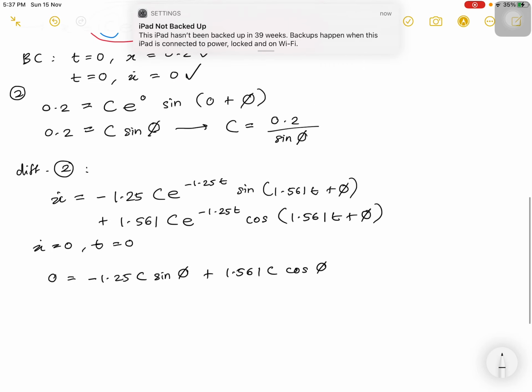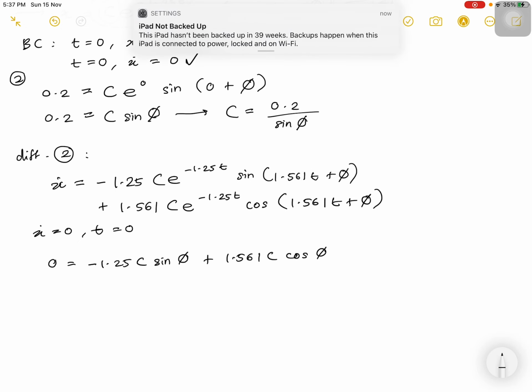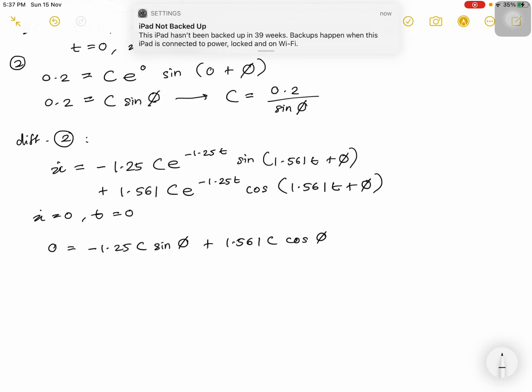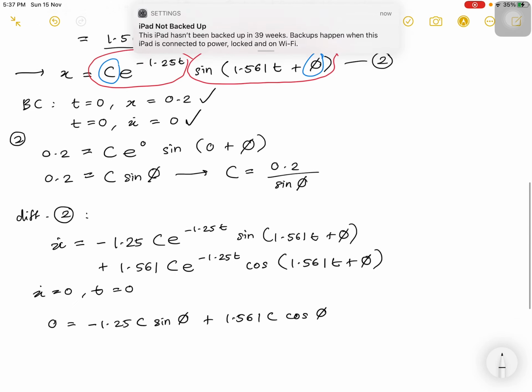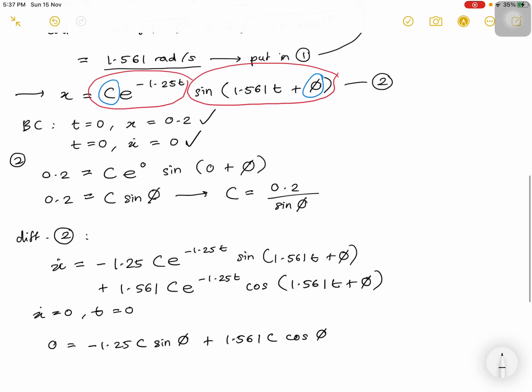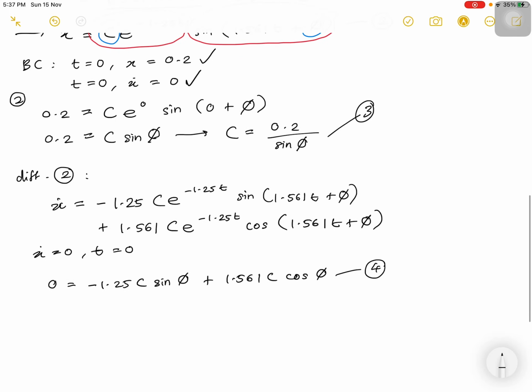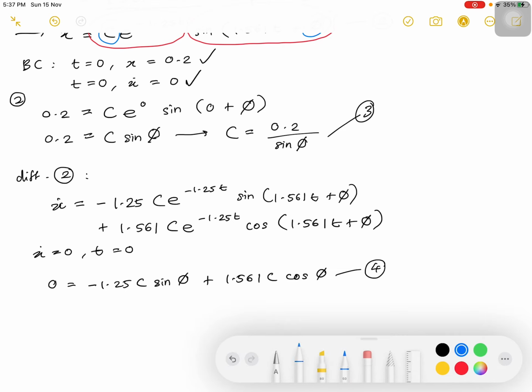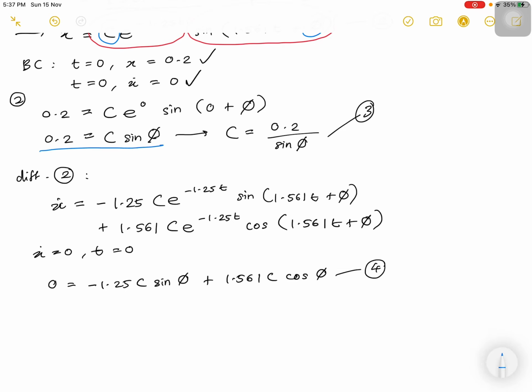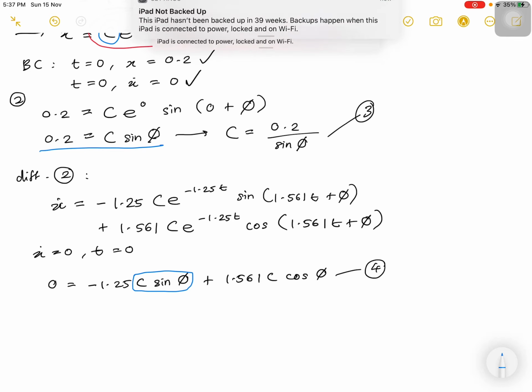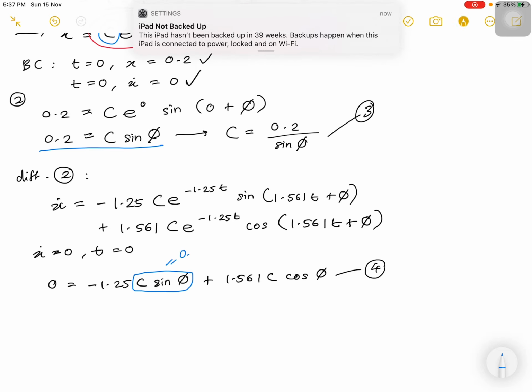Now we still didn't get the value for C and psi. But don't worry, let's say this is number 3 and this is number 4. We can compare 3 and 4. Since this one is similar to this one, this is equal to 0.2.